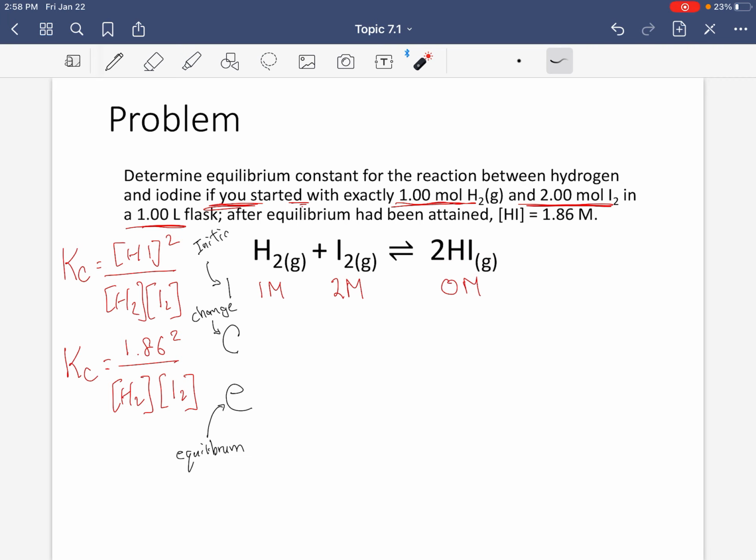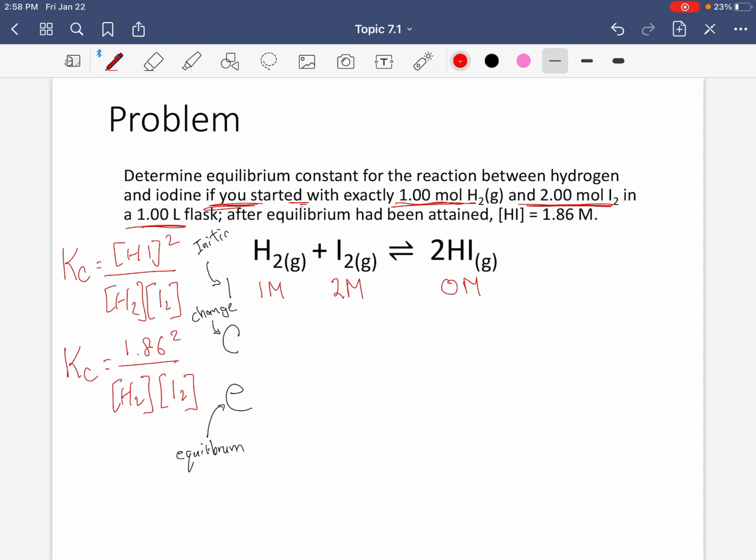However, things are going to change, and it changes by the molar coefficient. The molar coefficients here are 1, 1, and 2.